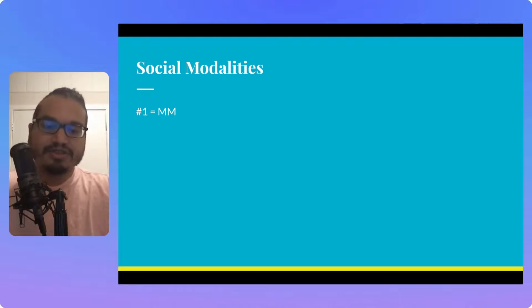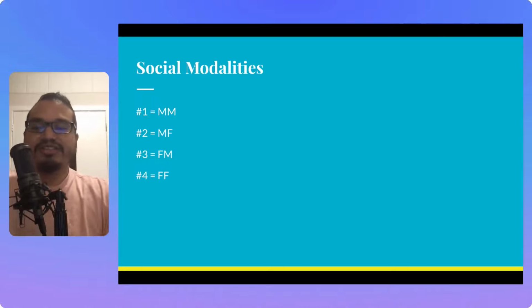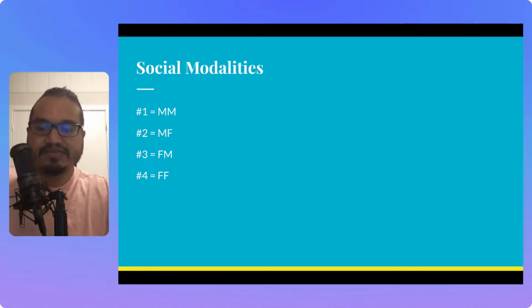So we see the number ones as double masculine, the number twos as MF, right? The friends is more feminine energy, so having that friends second is going to make it more MF-like. And number threes I'm seeing as FM. Number fours are double feminine, so friends being the most feminine of all of them, where it's feminine DE as well as feminine sensing.